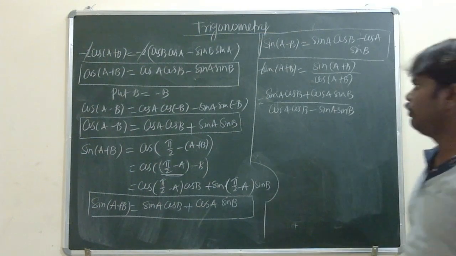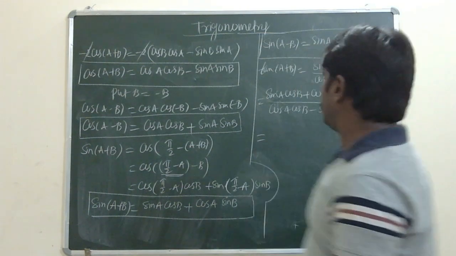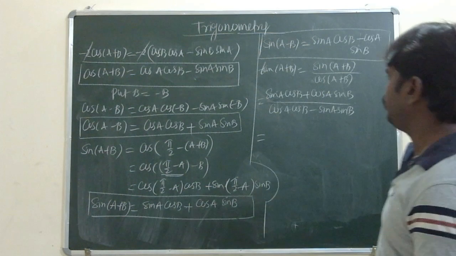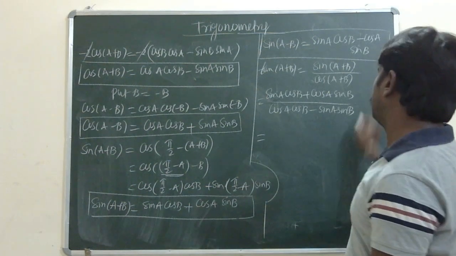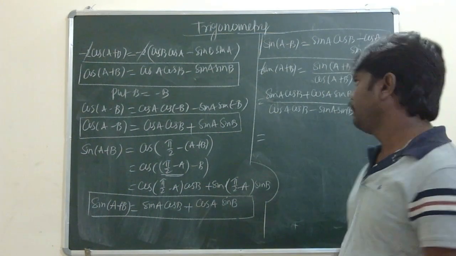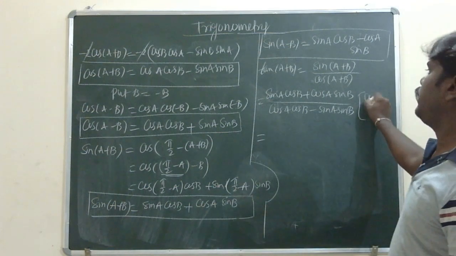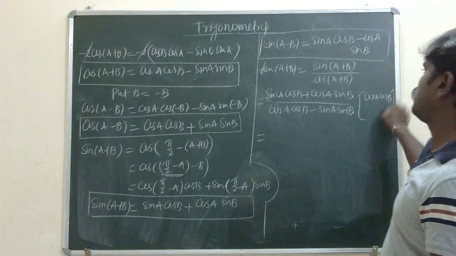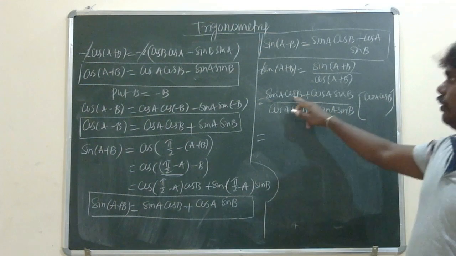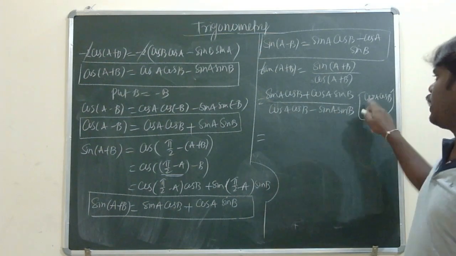Now what we have to do is simply divide both numerator and denominator by cos a cos b.